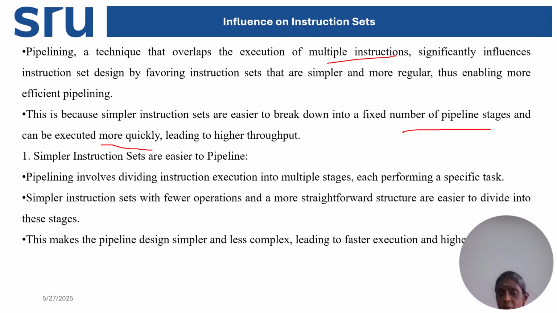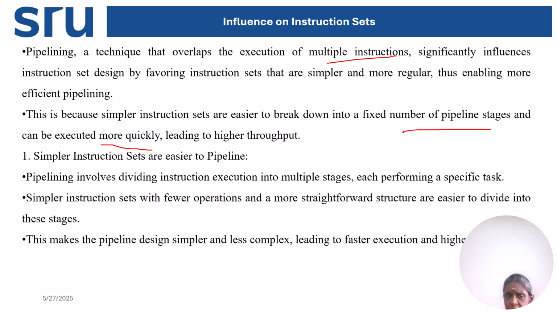Pipelining involves dividing the instruction execution into multiple stages, each performing a specific task. They are independent of one another. If the instruction is divided into 4 stages, the 4 stages are independent of one another. If 5 stages, then 5 are independent of one another.